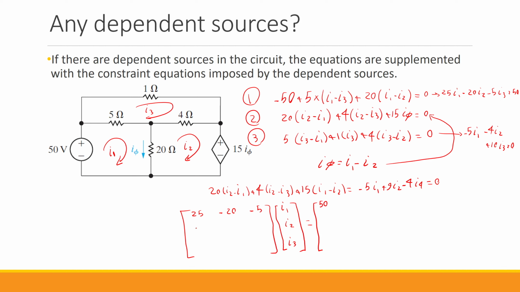The second one is negative 5, 9, negative 4, and this is 0, and this one is for I3. And then finally we have negative 5, negative 4, and then 10 I3 equals 0. So solving this 3 by 3 system of linear equations would give us the value for I1, I2, and I3.